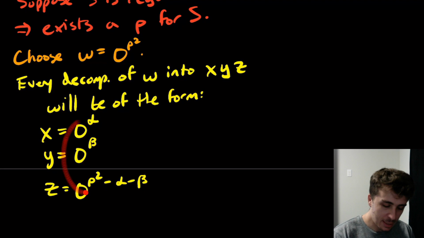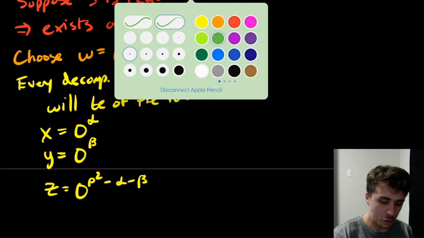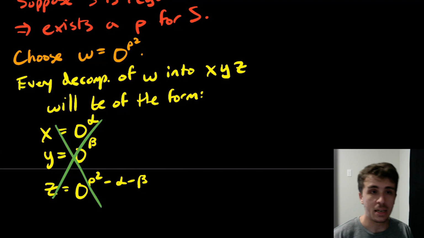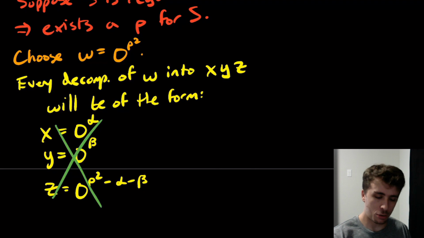So actually here, it's not really that important to talk about the decomposition directly. What really matters is the length of the string, because the entire string is just all one character. And we're just figuring out whether the length is a perfect square. We don't care about the string itself, we care about the length of the string. So you could do it this way. We're going to do it a little bit more simply.